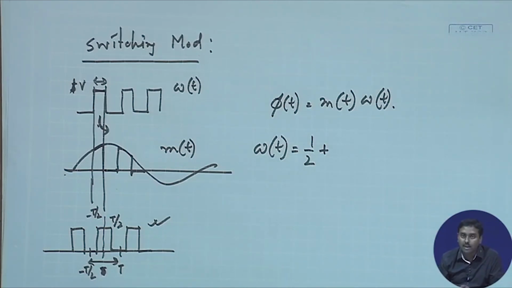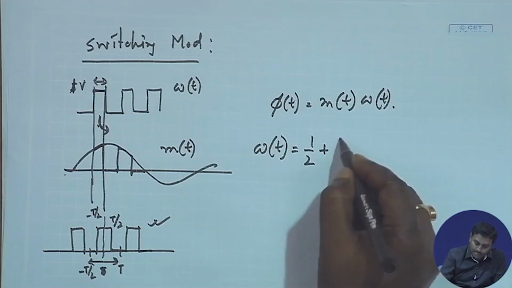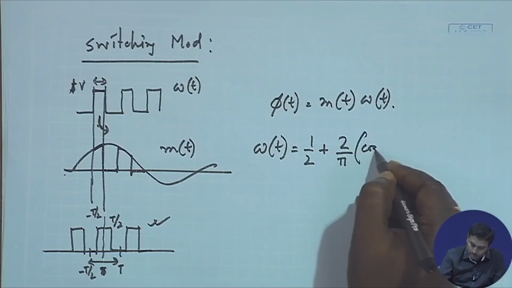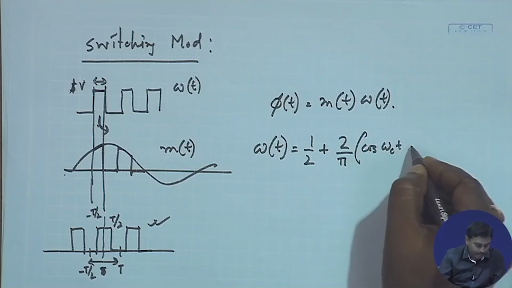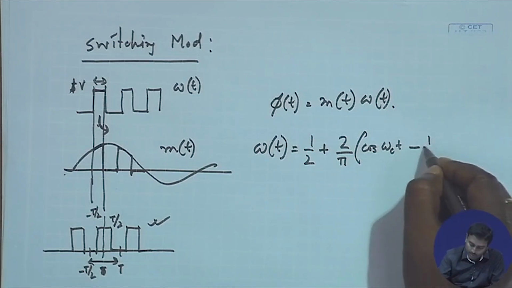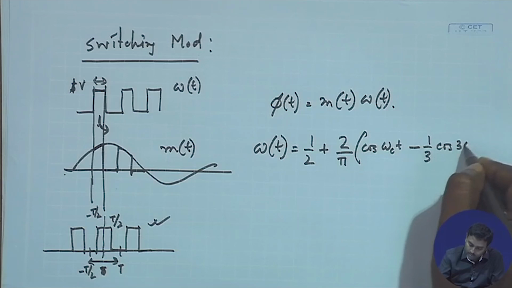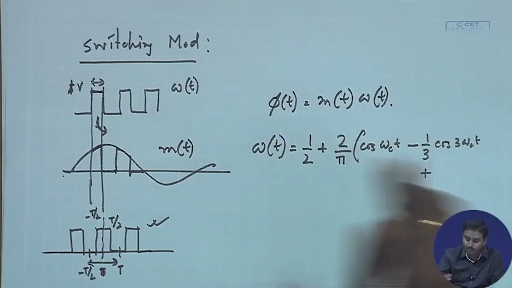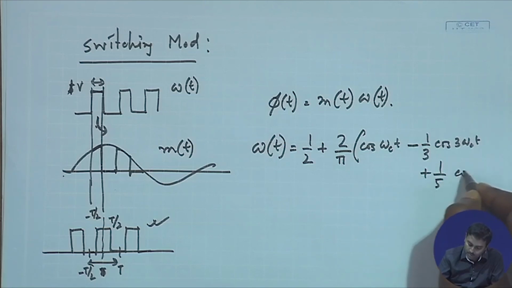The DC part will be half. The next coefficient will be 2 by pi into cos omega c t. The 2 omega c t term will not be there. It is the 3 omega c t part which will come, 1 by 3 cos 3 omega c t, and it alternates in plus and minus, so plus 1 by 5 cos 5 omega c t and so on.